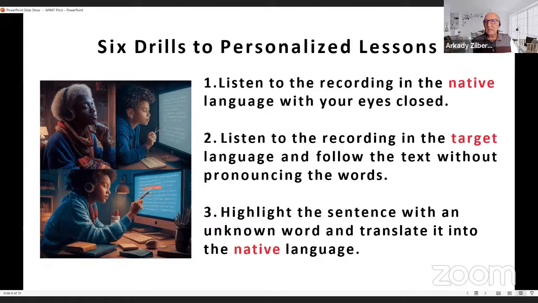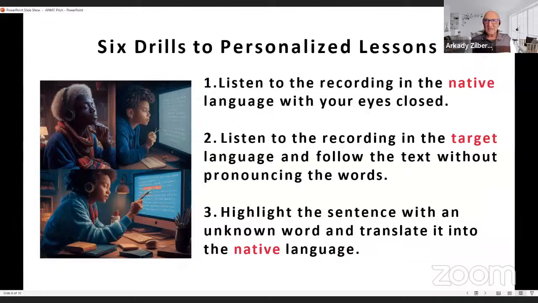I stress that we do not translate separate words, because every word, if you translate it, will have many meanings. Can you remember them? Absolutely not. So when you use a sentence or even a part of a sentence, you will get a contextual translation with only one image.